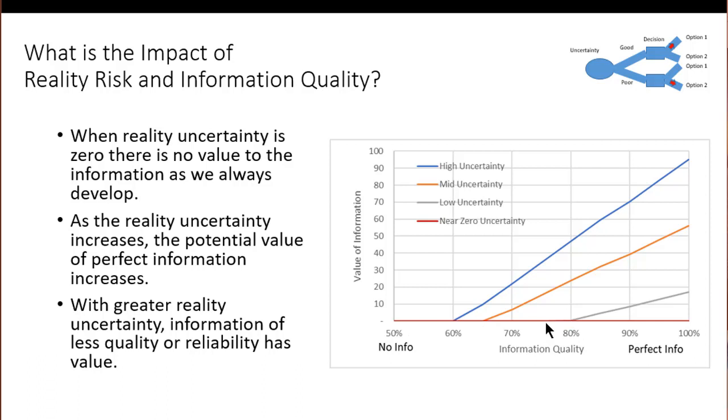There's too much misinformation going on. So when the information is above 80, in the case of 100, it is valuable to gather the information at no cost and make that decision whether to develop or not. And as you can see, as the uncertainty increases, then I can go to less certain information and still have value.